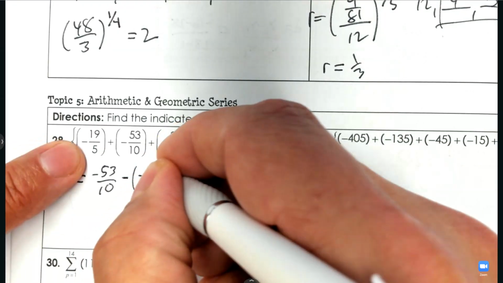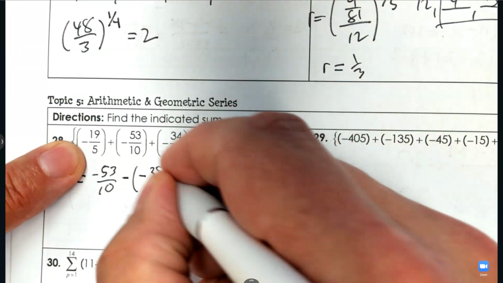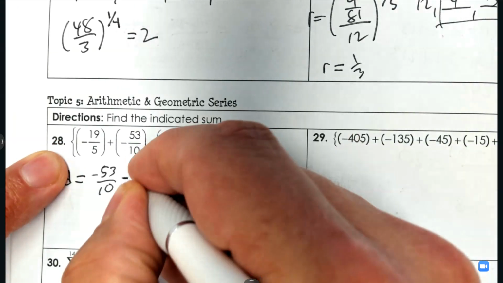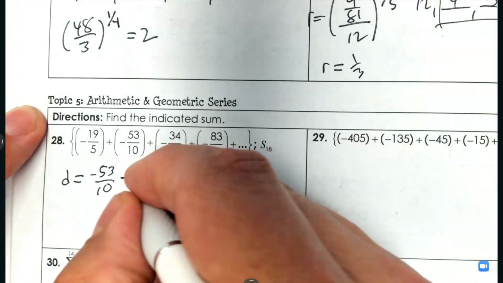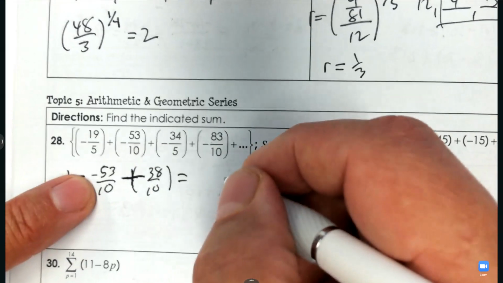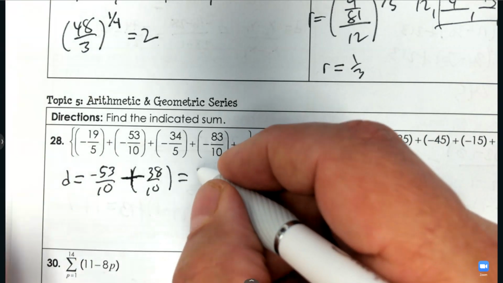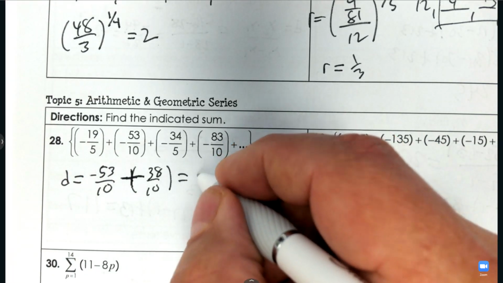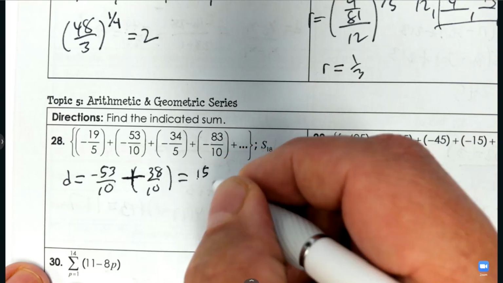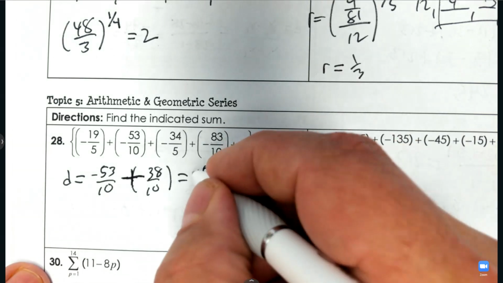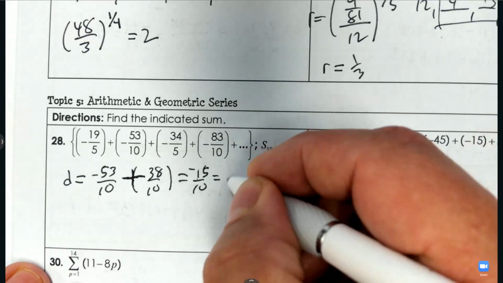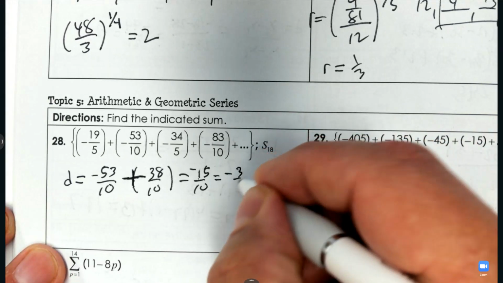Now I'm going to get common denominators by multiplying times 2. Remember, when you subtract a negative, it is like adding. So negative 53 plus 38. That is negative 15 over 10, or divide by 5, negative 3 over 2.